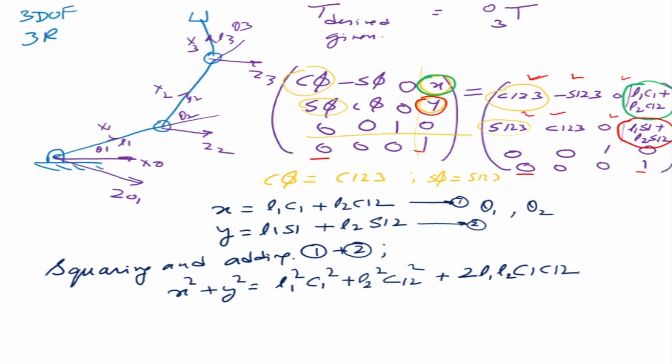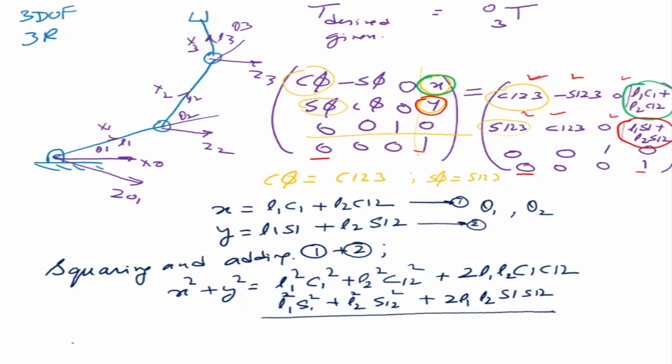That's the first equation. The second equation, let me write it just below, plus L1 squared sin squared theta 1 plus L2 squared sin squared(theta 1 + theta 2) plus twice L1 L2 sin theta 1 sin(theta 1 + theta 2). Now let us add them.